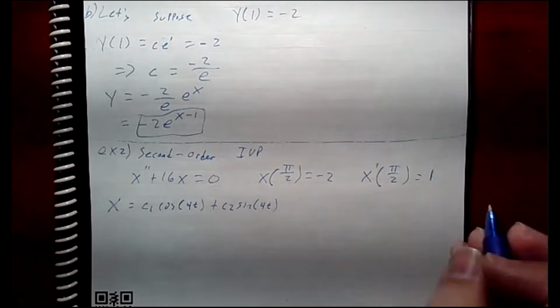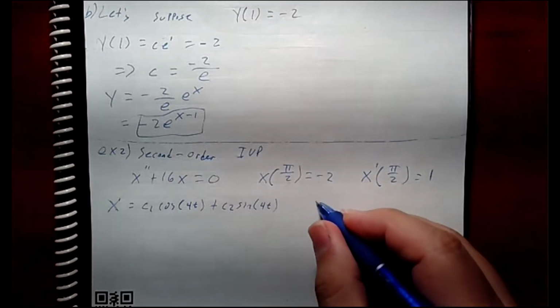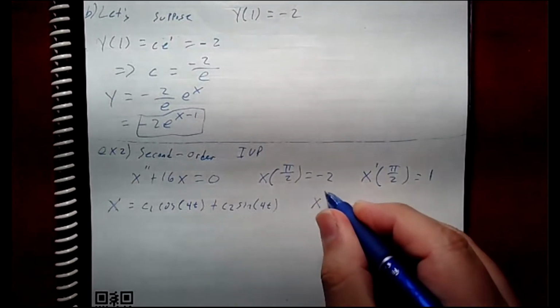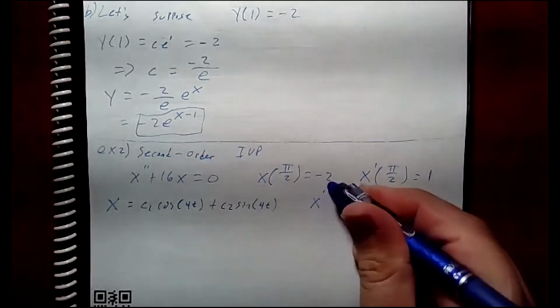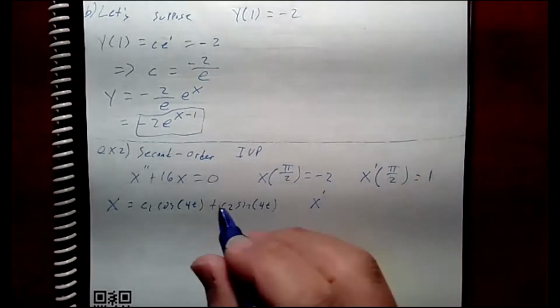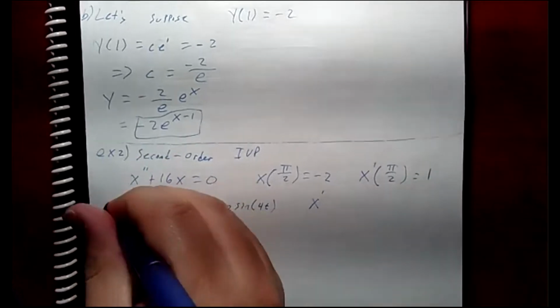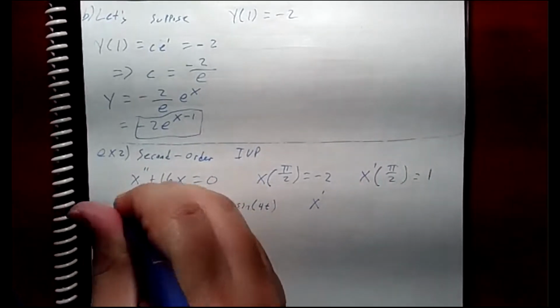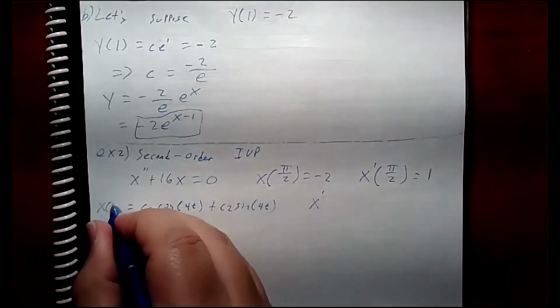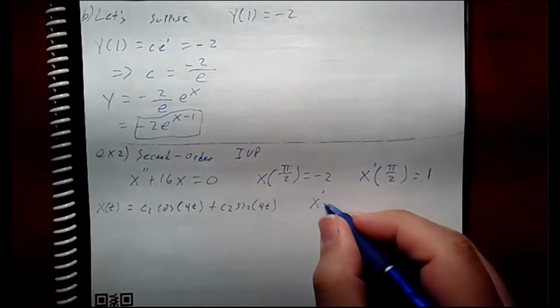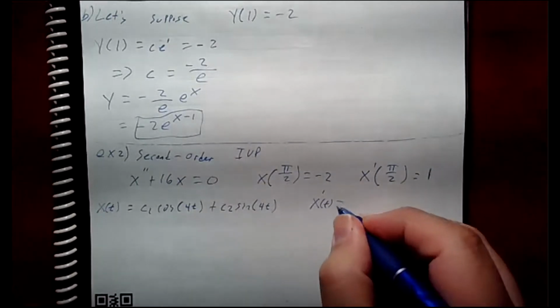First derivative. Oh, we might not need the second actually. First derivative is going to be what? Let's see here. Make this a little more exact here. It's x of t, x prime of t. I mean, it's implied.